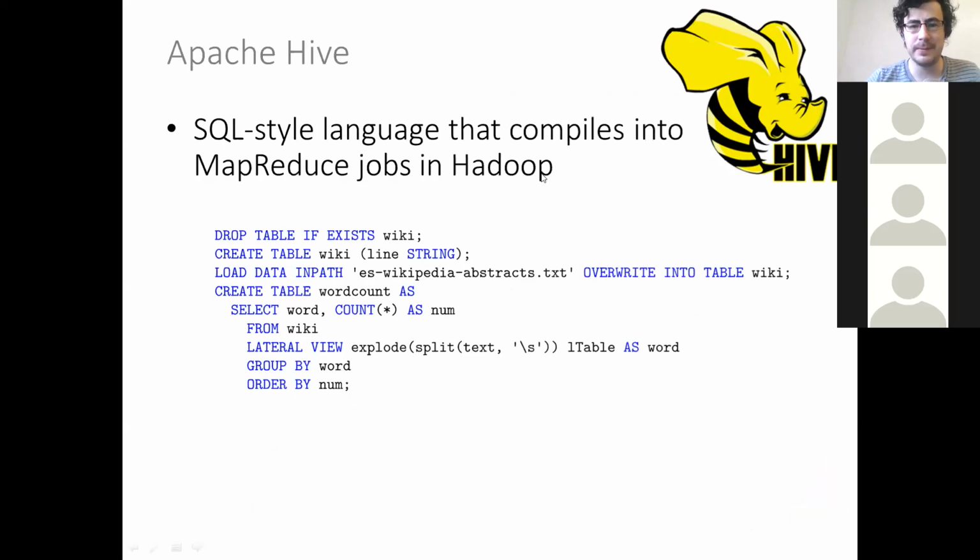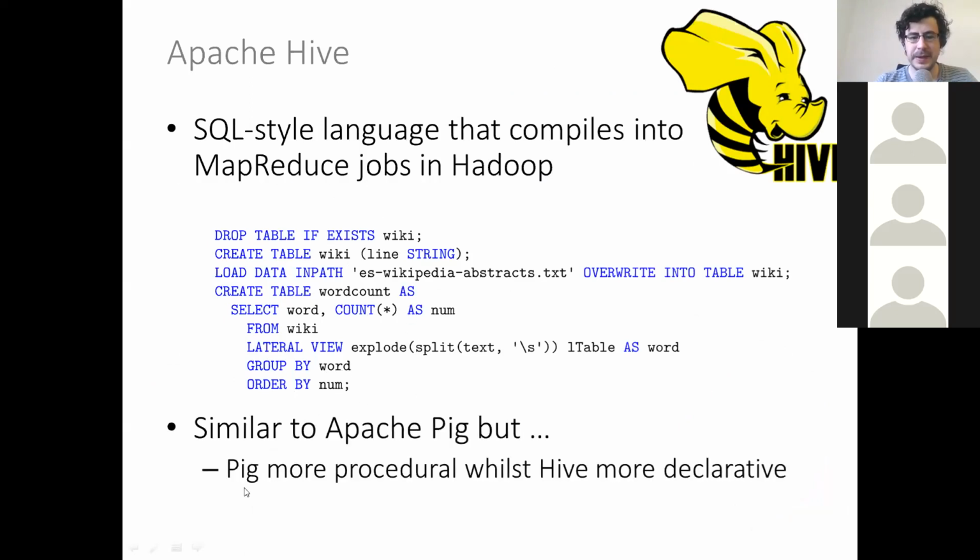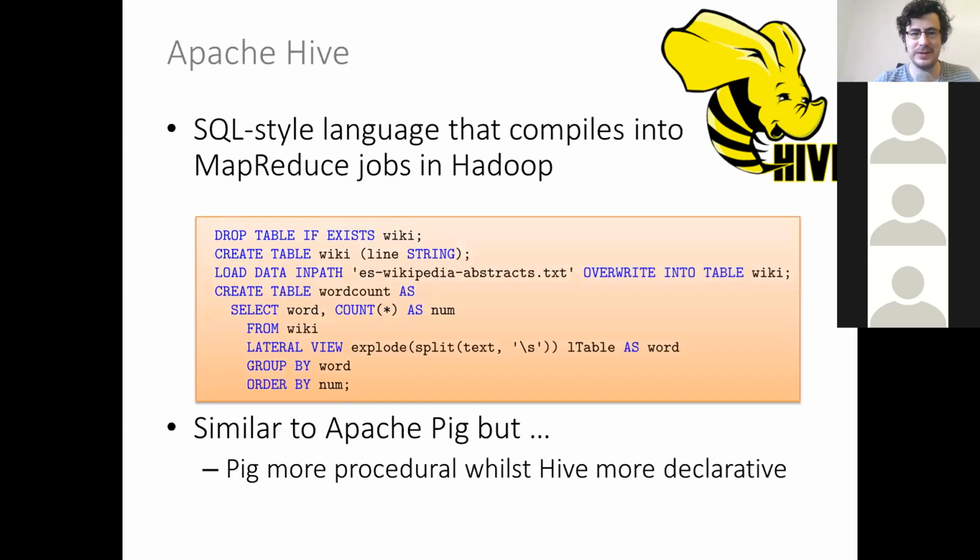Again, Hive compiles these sorts of tasks or queries into MapReduce jobs in Hadoop. Pig is a bit more procedural, with line by line transformation of relations, while Hive is a bit more declarative in that you can specify more complex queries that will be translated. I'm not sure which you prefer, but in general, I think Pig is more intuitive and easier to work with.